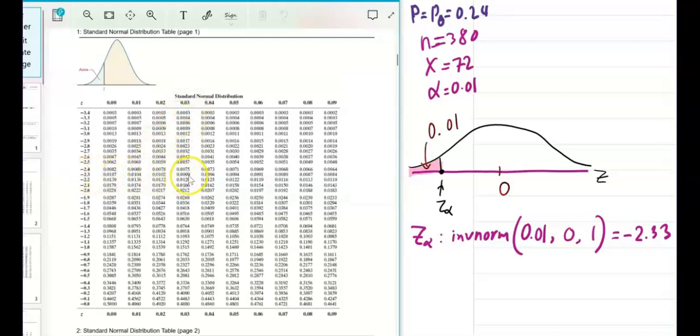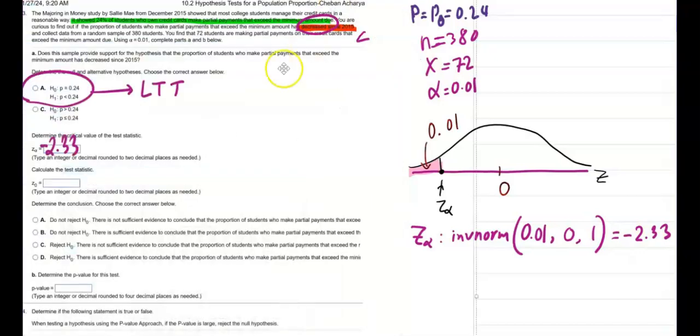Again, one more time, this is the area which is close to 0.01, and this critical value is negative 2.33. That's how you get this critical value using the table. So that's how you find the critical value using the table and the calculator.